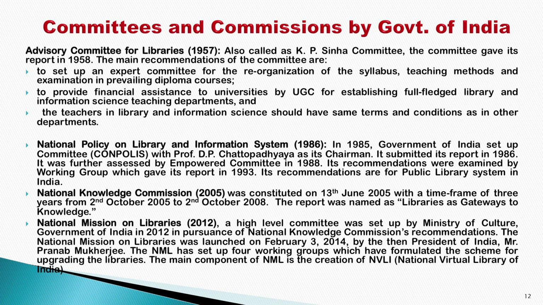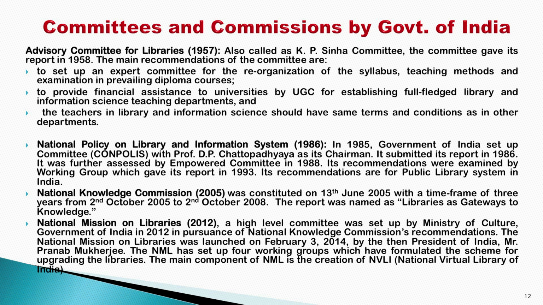Now come to various committees and commissions set up by Government of India and UGC. First of all, we take committees and commissions set up by Government of India. The first committee was the Advisory Committee for Libraries, also called the KP Sinha Committee, which was set up in 1957. The committee gave its report in 1958.